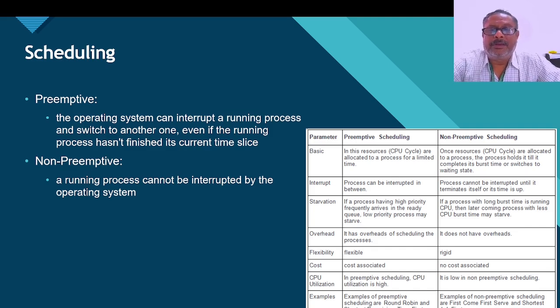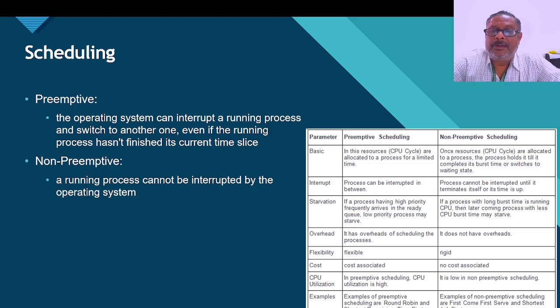So under the basics, preemptive scheduling allocates a process a limited time, whereas in non-preemptive scheduling, there is nothing like allocated time. The process is made available and continues to run till it completes, or maybe because of an external IO requirement it may get into the waiting state, but it will not go into the ready state again.